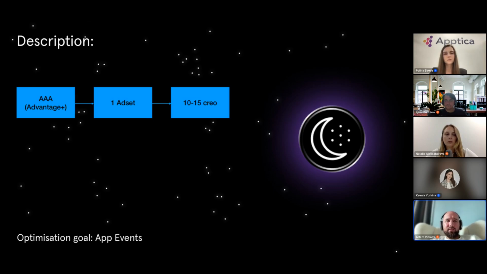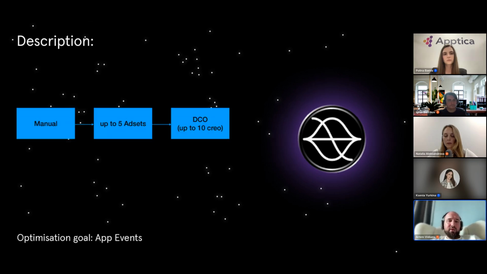Description for Advantage Plus campaigns. You can use different numbers of creatives, of course, 10, 15, or 5, or 3, up to you. And description for manual campaigns, up to 5 adsets, and DCO, or you can use each ad for one creative.